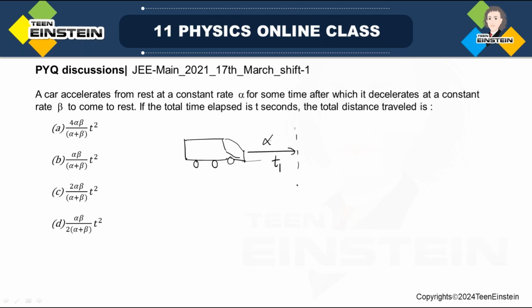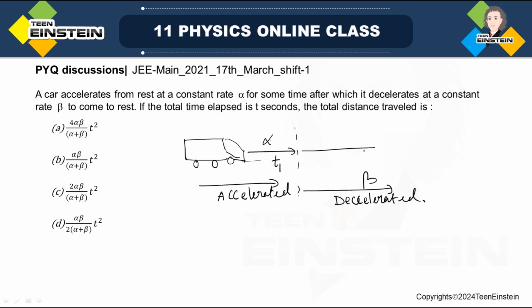Up to this it was accelerated, now it is getting decelerated, and the rate of deceleration is beta.